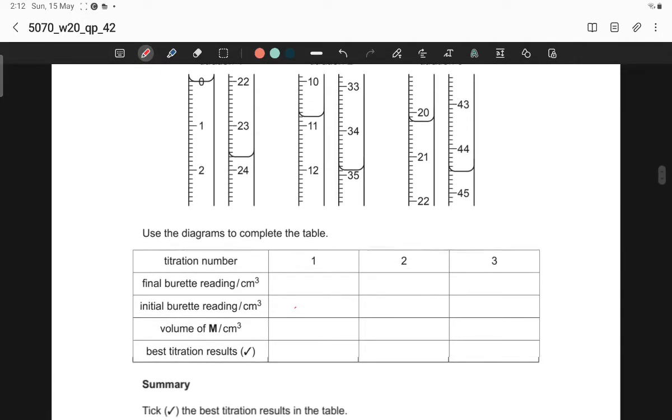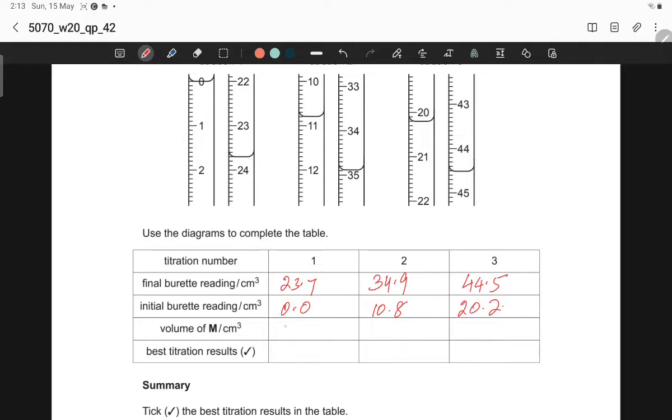So the final reading of burette 1 is 23.7 and initial is 0.0. The second set of burette, final is 34.9 and initial reading is 10.8. From the third set of the burette, 44.5 and 20.2.